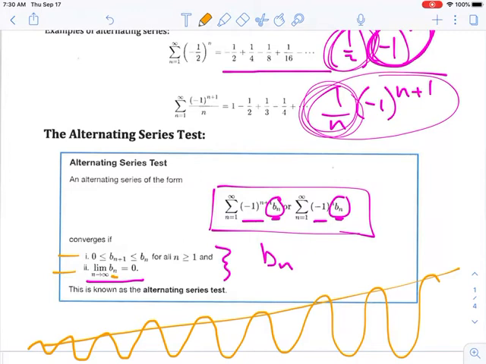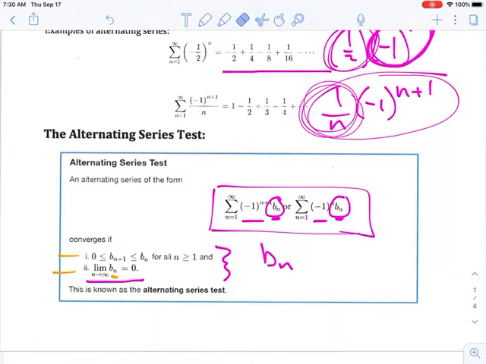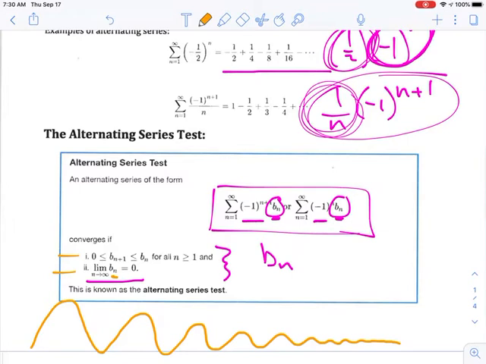So what we're looking for is a function that, even though it's alternating up and down, the fluctuations up and down are getting smaller and smaller. That's the type of function where, if we eliminate the alternating part and just look at the tops of each curve, we can see that it is decreasing, and it is decreasing towards 0.